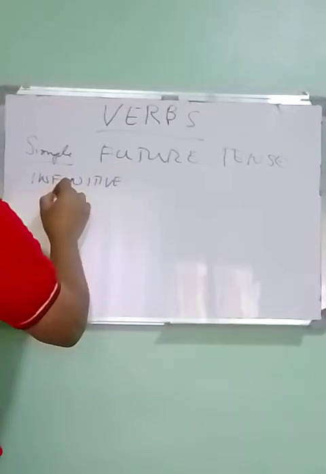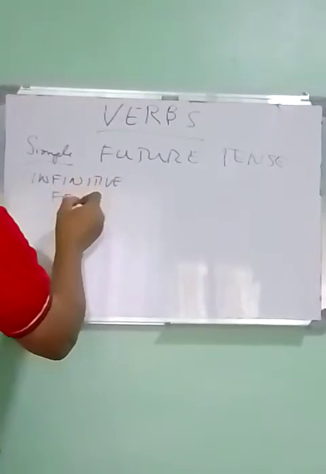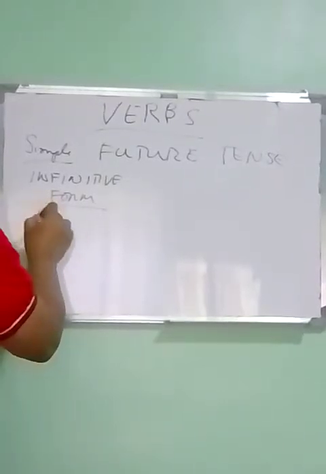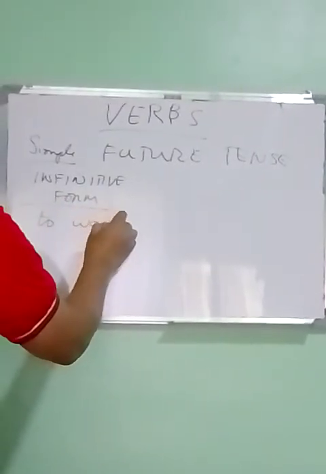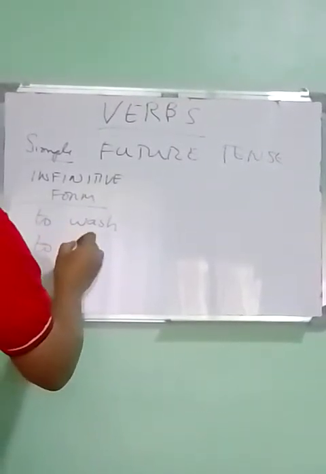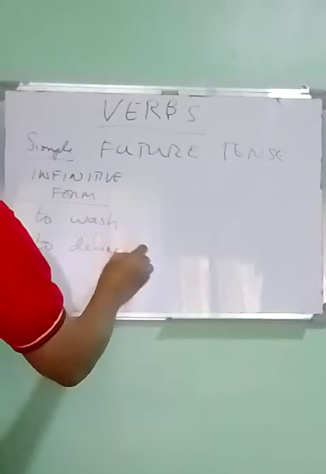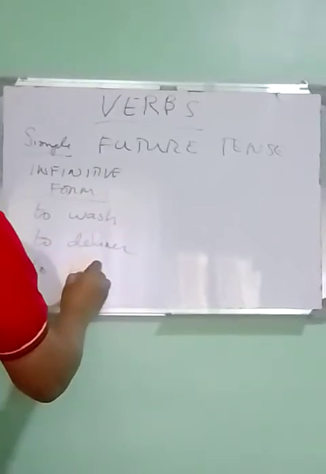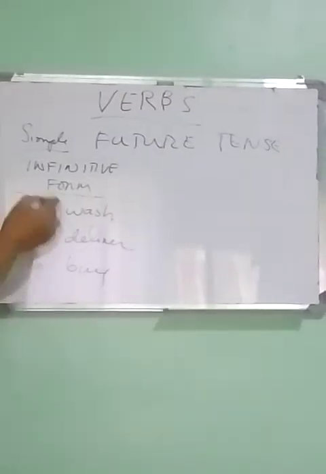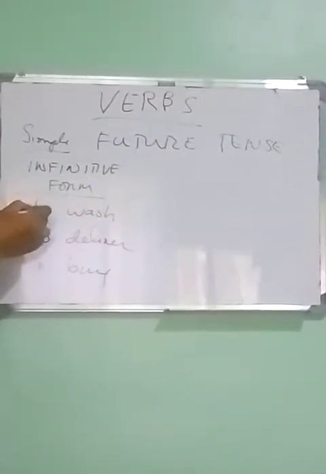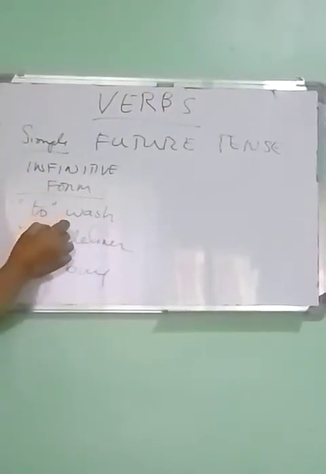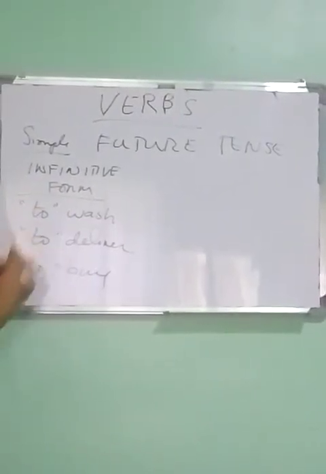Say, to wash, to deliver, then to buy. If I ask you to give me a verb, it has to be in the infinitive form. When I say infinitive form, there should be the word to before the action word.